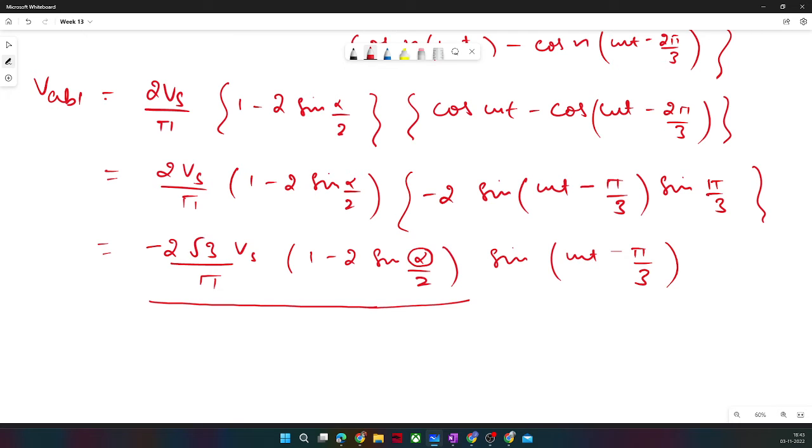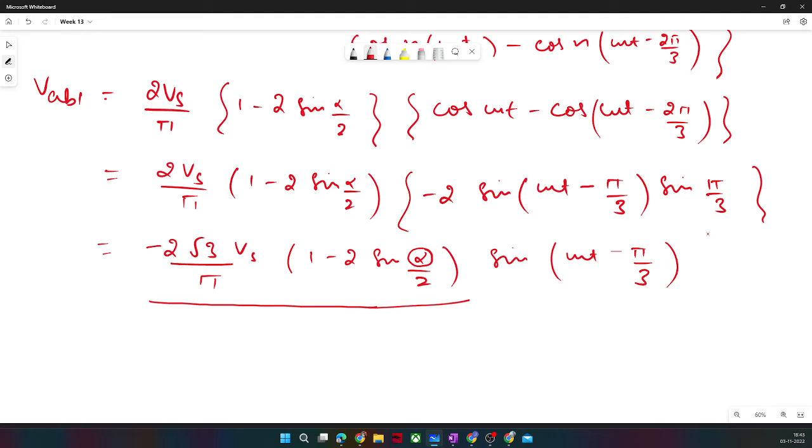So the purpose of this expression was that you can simultaneously control the voltage and at the same time reduce the harmonic component. But you will be able to control only one harmonic here since we have only 1 degree of freedom in this expression.